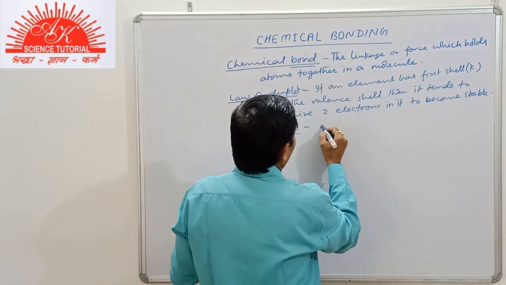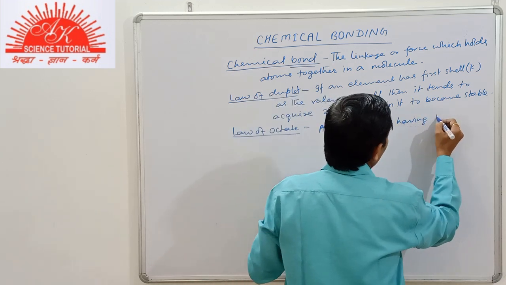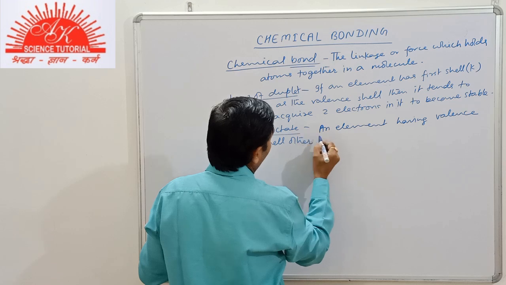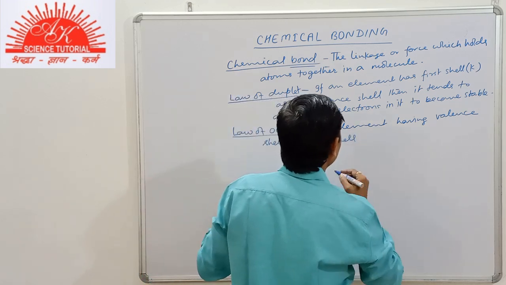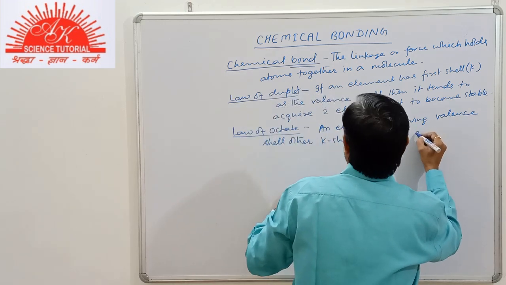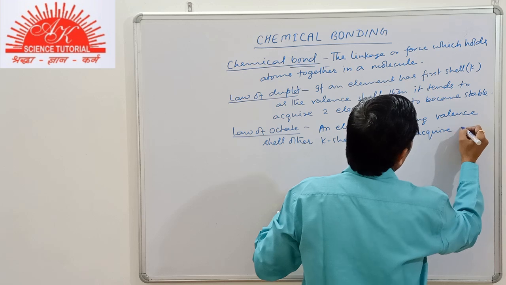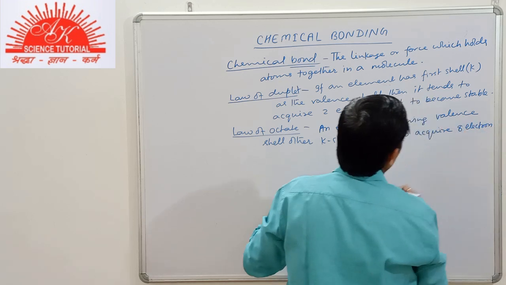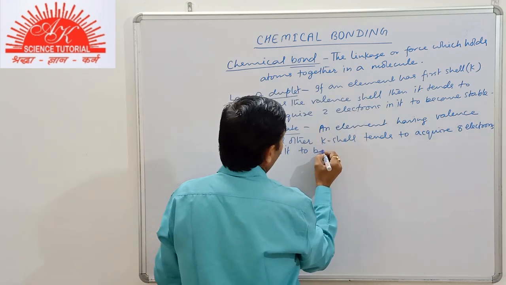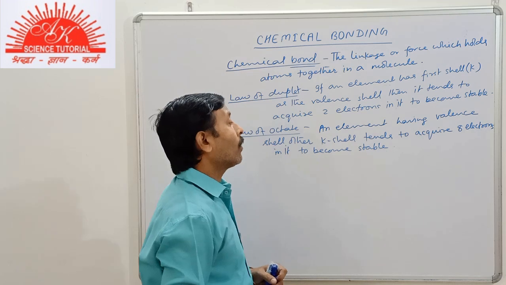So, an element having a valence shell other than the K shell tends to acquire 8 electrons in it to become stable. So this is called the law of octet.